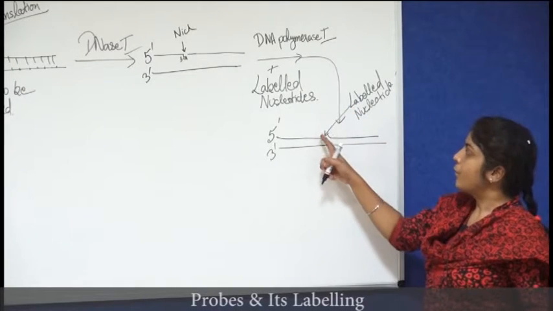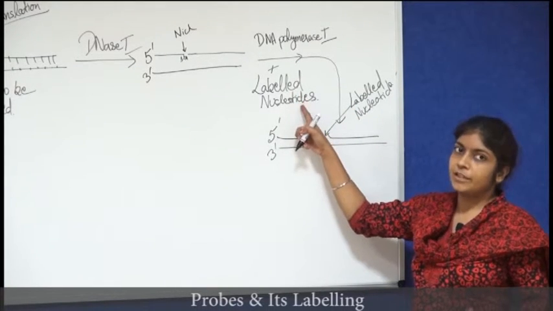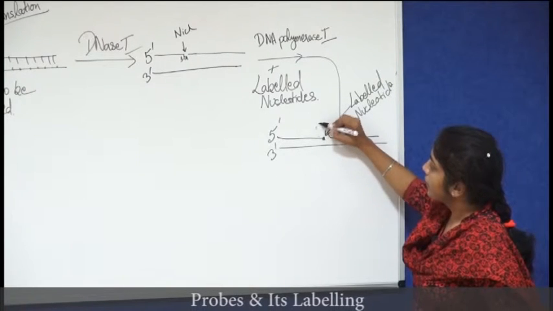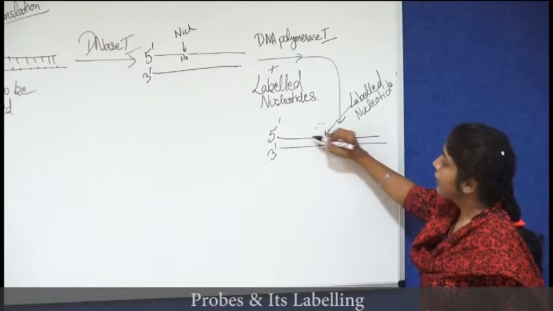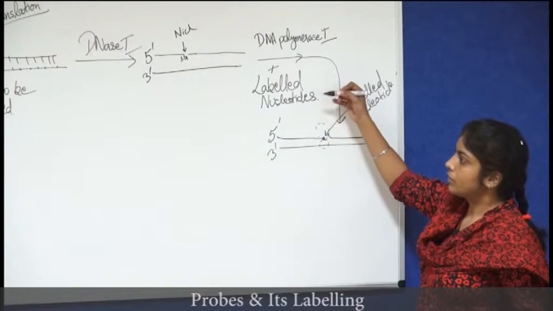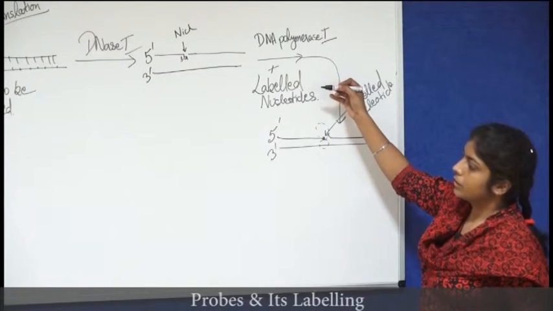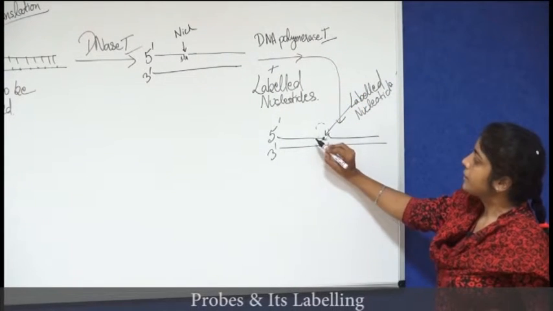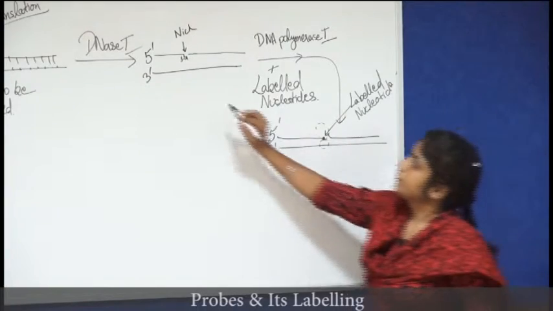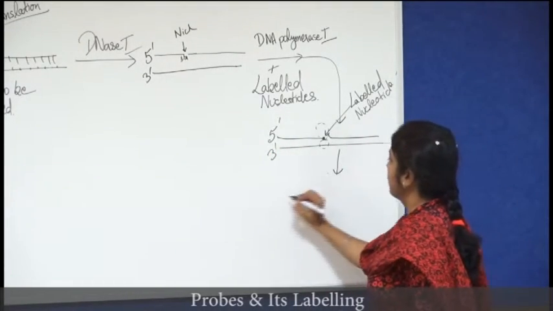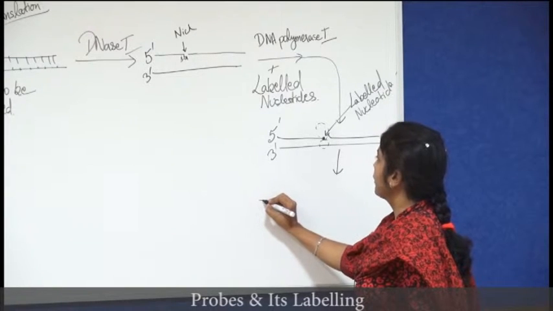So, DNA polymerase using labeled nucleotides, suppose DNA polymerase is here, it will add a nucleotide which is radioactively labeled or non-radioactively labeled. That nucleotide is taken and is added at that free 3' OH group. Now, this process continues.